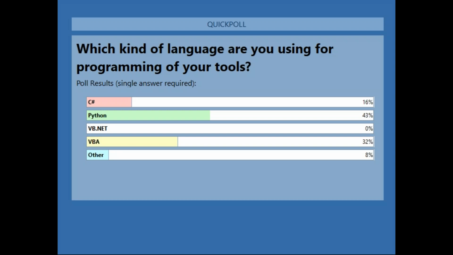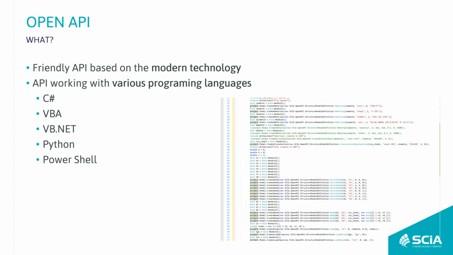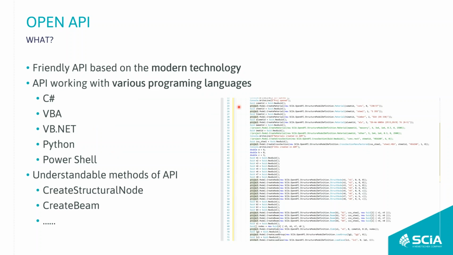So we have been speaking about the programming languages. We wanted to have it for those which are named on the slide, and what's important, we wanted to have understandable methods in the API, which we will see in a couple of minutes in action.